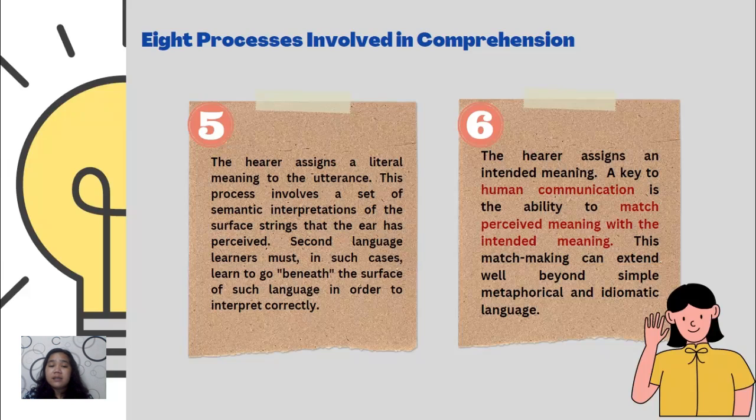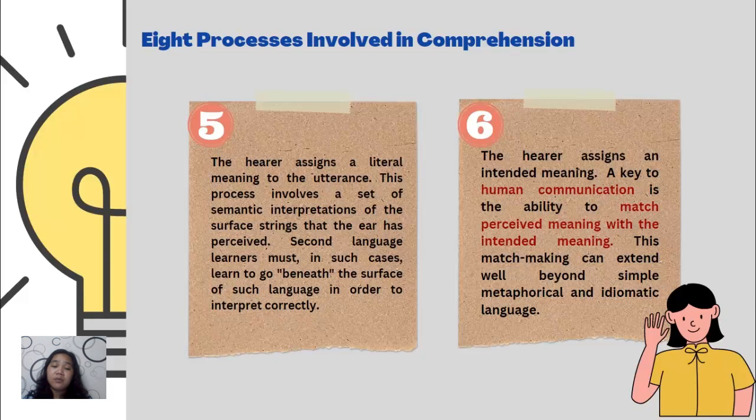So for number six, the hearer assigns an intended meaning. A key to human communication is the ability to match the perceived meaning with the intended meaning. Perceived meaning refers to what the listener was thinking and what the real message of the speaker was about.